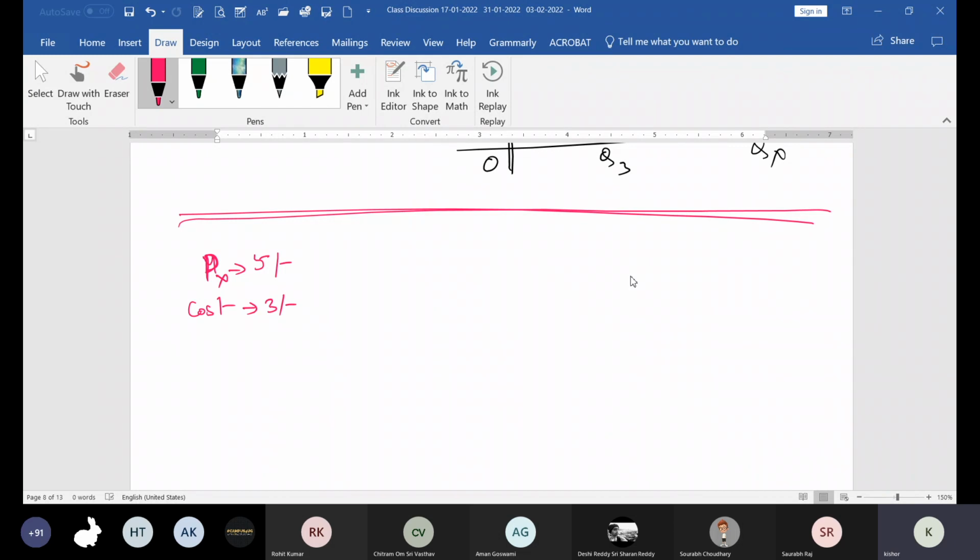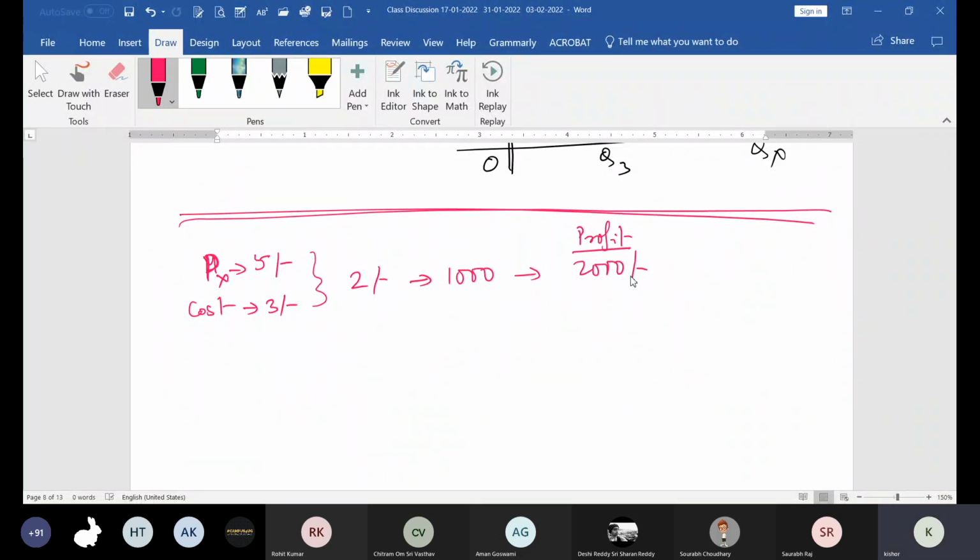So per unit, you are making a profit of 2 rupees. You are selling 1000 units of this particular product. You are getting ultimately 2000 as your net profit. 1000 into 2, 2000.